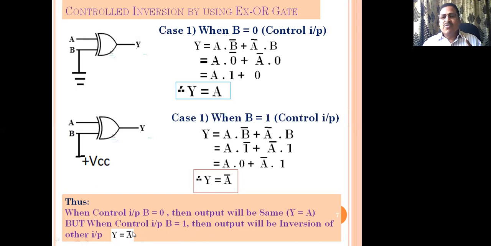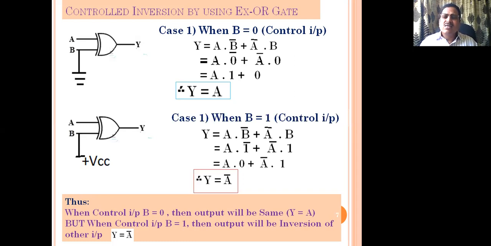Thus, out of 2 inputs, 1 input can be taken as a control terminal by which we can control the operation of the XOR gate as a NOT gate or inverter. Therefore, it is called a controlled inverter, an application of the XOR gate.